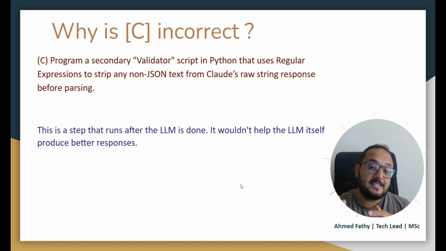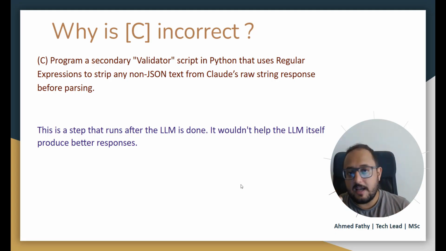Okay, why is option C incorrect? Option C says program a secondary validator script in Python that uses regular expressions to strip away any non-JSON text from Claude's raw string response before parsing. This is a step that runs after the LLM is done. It wouldn't help the LLM itself.